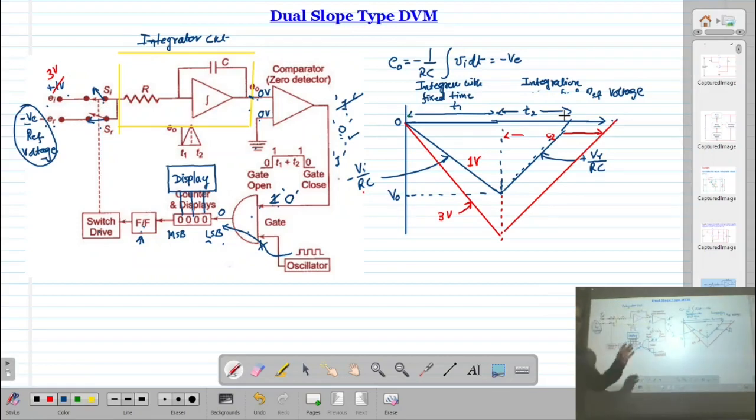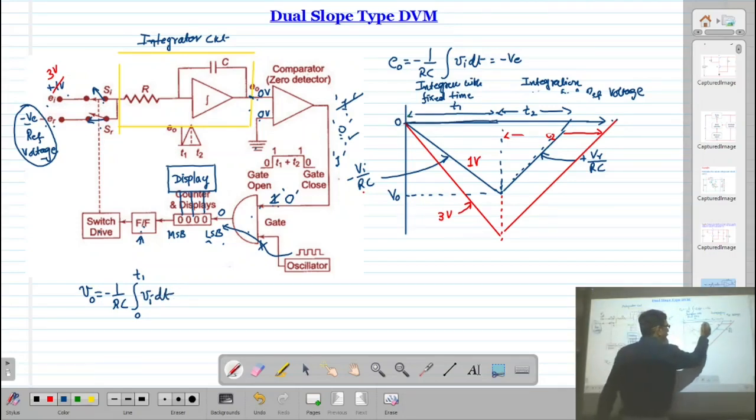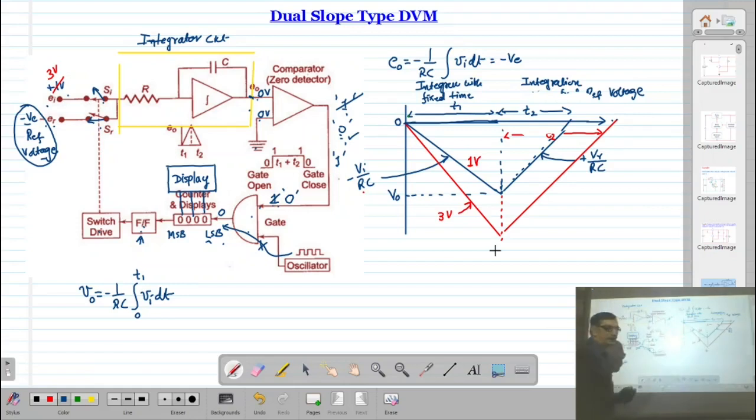Okay. Now let us see some mathematics. Suppose I want to write the expression for the output voltage, then this output voltage is written as minus 1 upon RC integration from 0 to T1 Vi dt. So from this point to this point, we are calculating the output voltage.